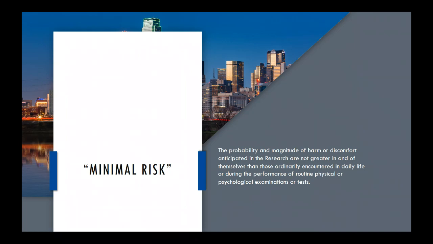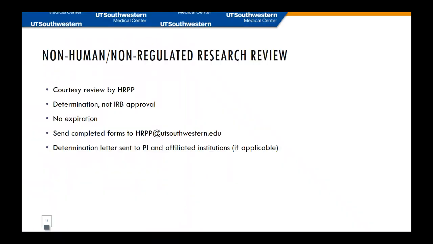So some research we consider to be no risk and does not really come under our review. Examples of that research are non-human or non-regulated research. This is where you're going to use your forms Y1 or Y2. This is a courtesy review that's done by the HRPP, and it's done because these types of projects don't fall under IRB oversight.